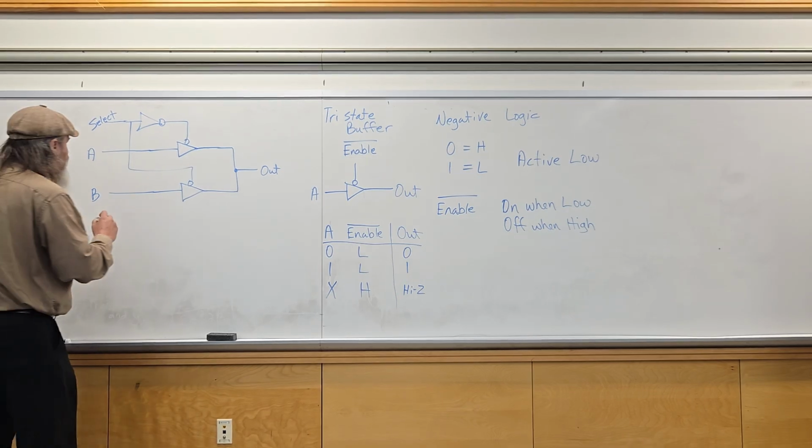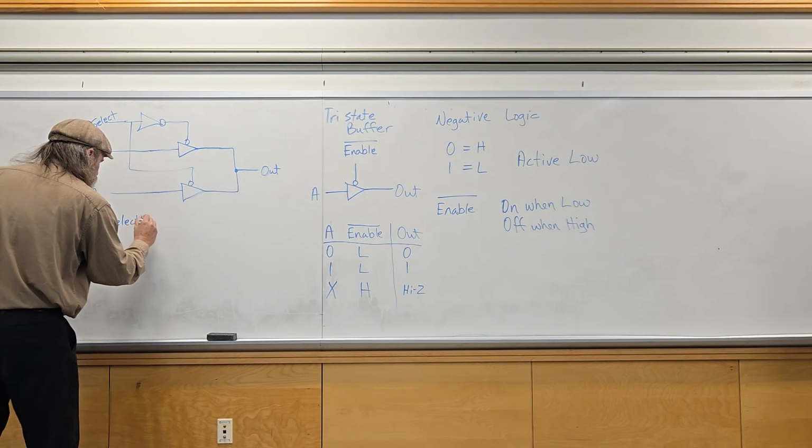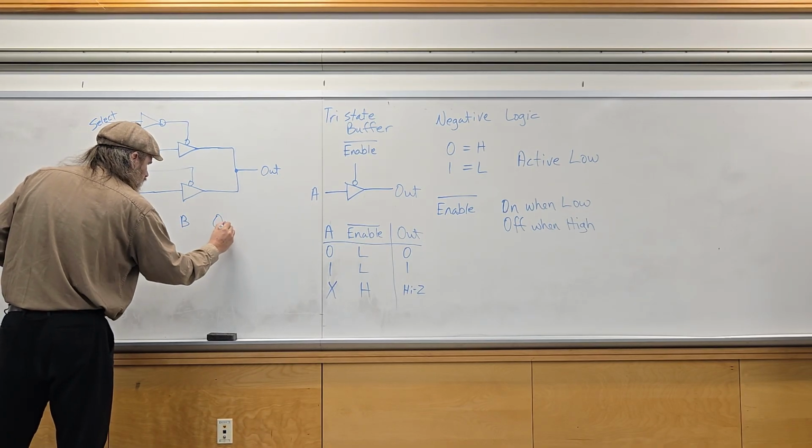So the state table for this would be: you have select, A, B, out.